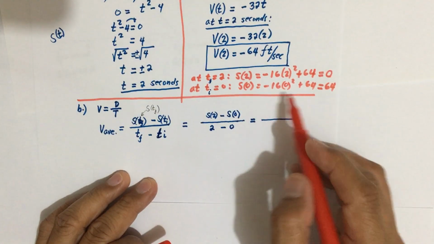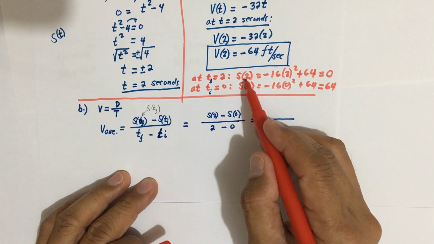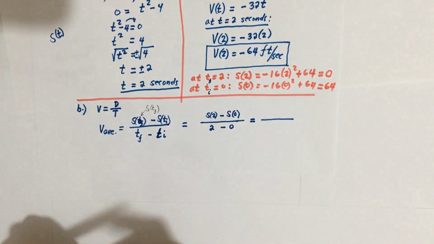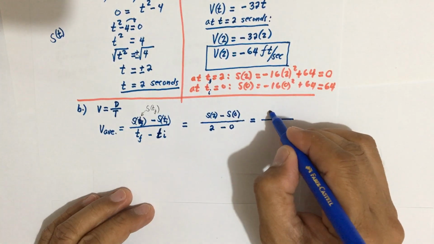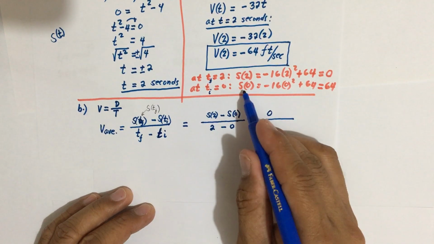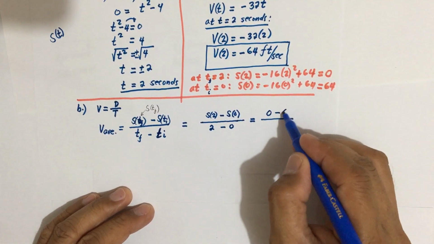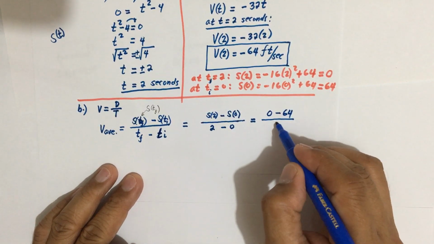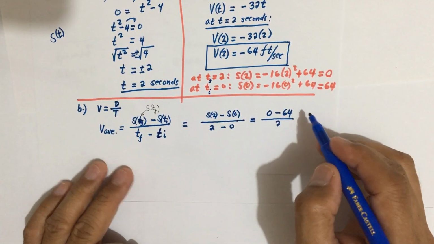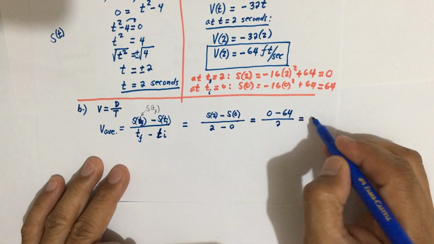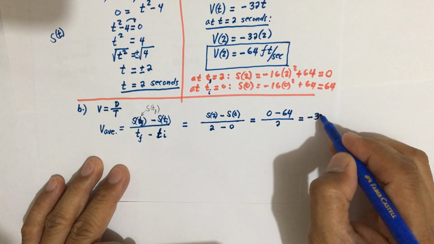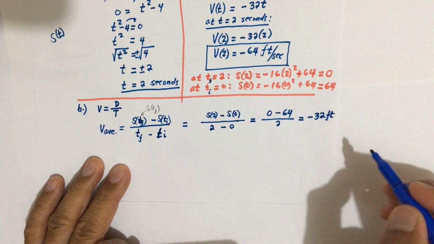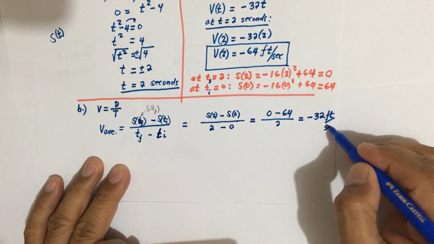So s sub 2 is equal to 0, minus s sub 0, which is 64, so minus 64. Then 2 minus 0, that is 2. Therefore, this is equivalent to minus 32 feet per second.